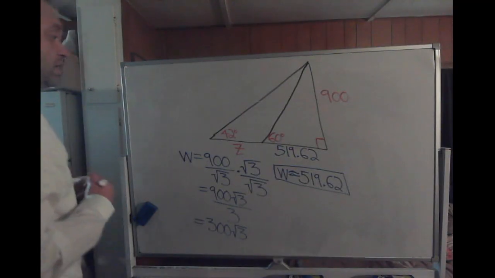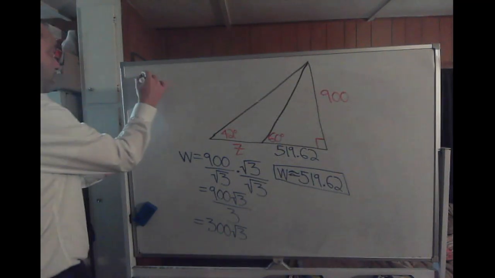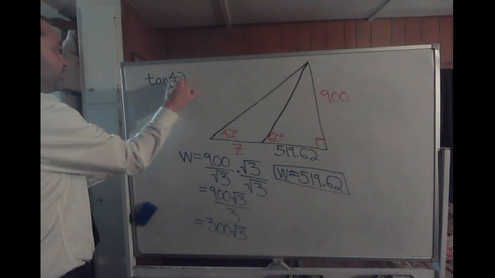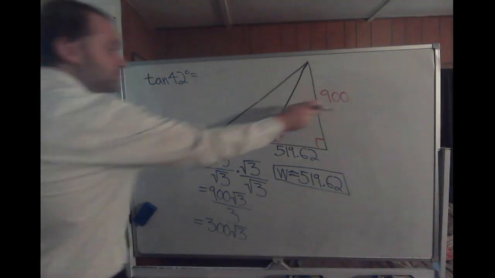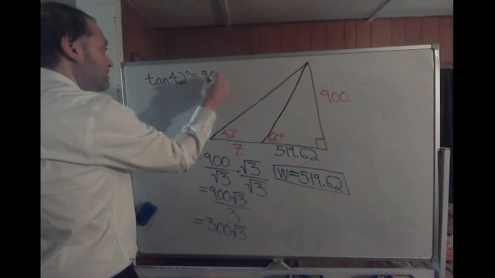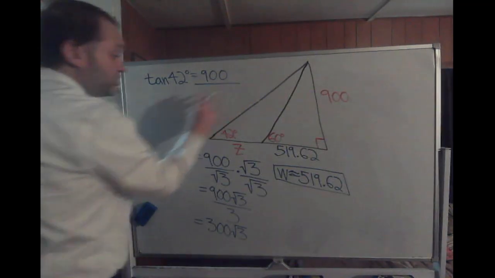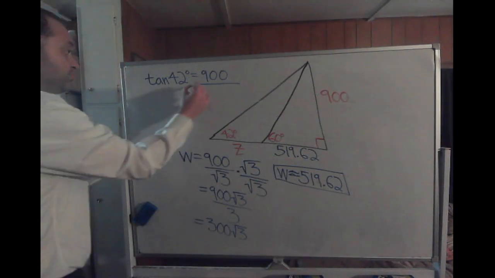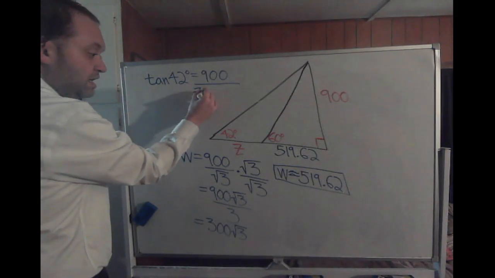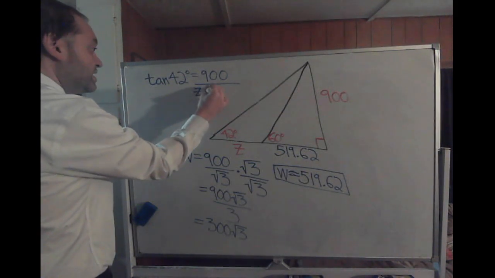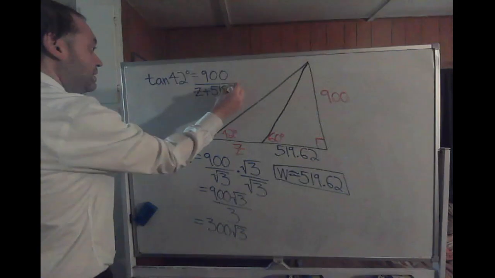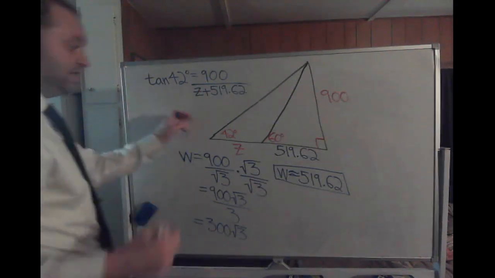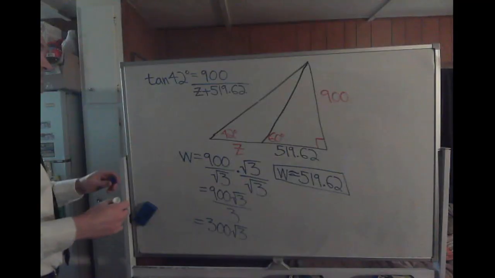So, of course, set up your tangent of 42 degrees. The tangent of 42 degrees equals your opposite leg of 900 over your adjacent leg. Since we're considering the whole triangle, it's going to be Z plus 519.62.